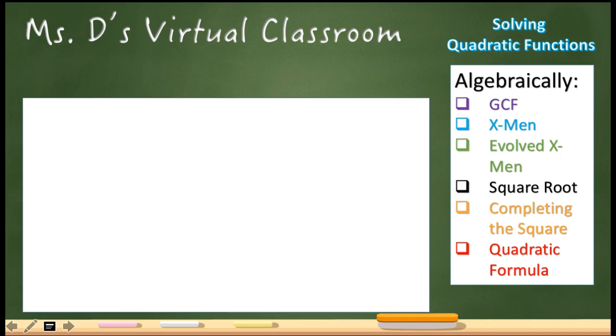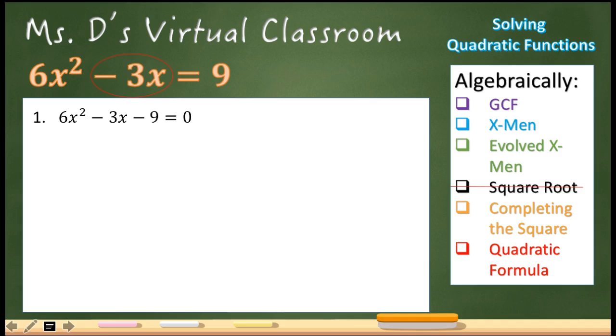Here's our last example. 6x squared minus 3x is equal to 9. First, there is a bx term in our way, so we can't use the square root method. We must proceed by setting the equation equal to 0 to solve it. We get 6x squared minus 3x minus 9.